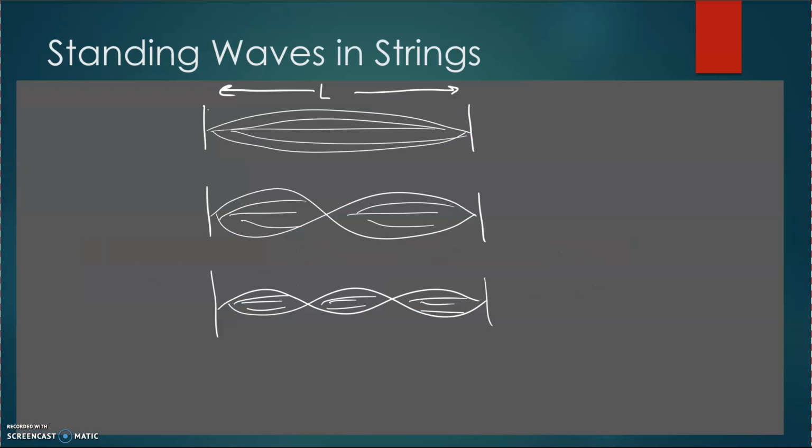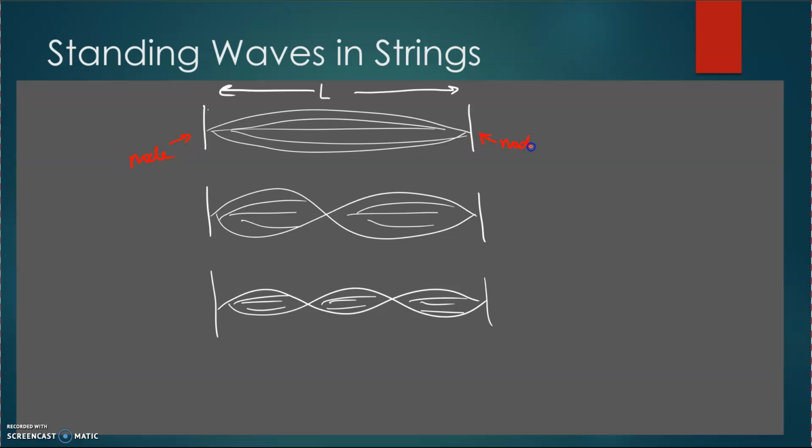Okay, so imagine we have a string and it's got a certain length L, and we think of the wavelengths that can fit in this length L. So the restriction we have is that we have to have a node on each side.